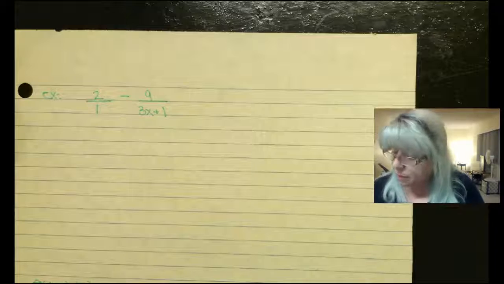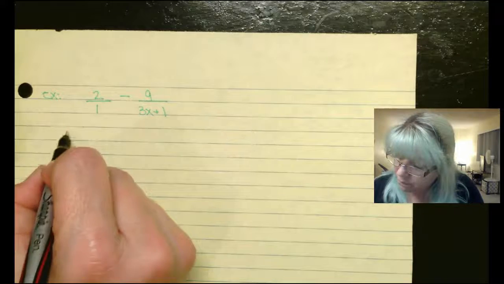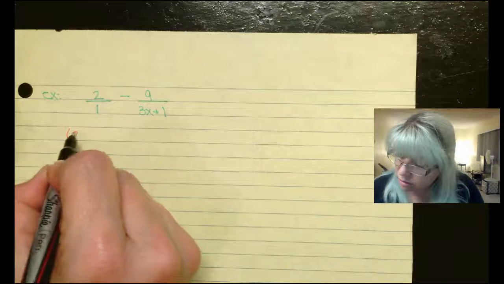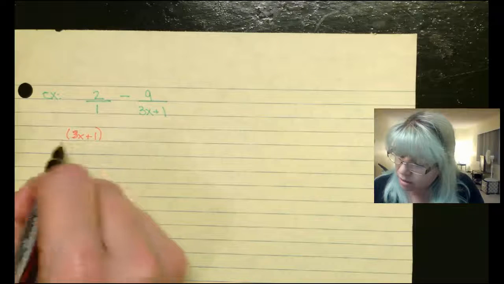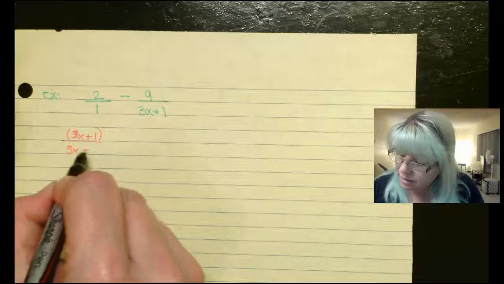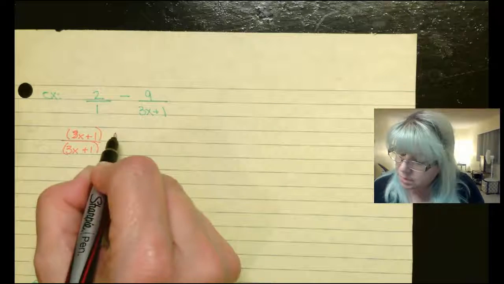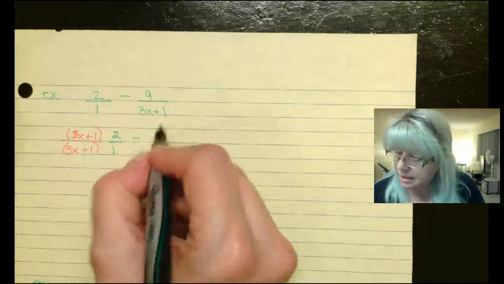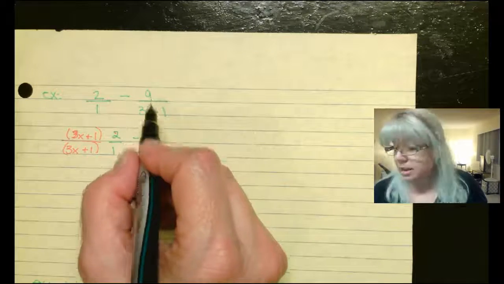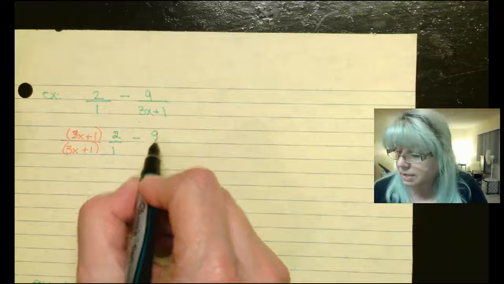So I need to multiply both the top and the bottom of the 2, the numerator and the denominator, by 3x plus 1 over 3x plus 1, times 2 over 1 minus, and since the 9 already has the 3x plus 1, we can leave that alone.